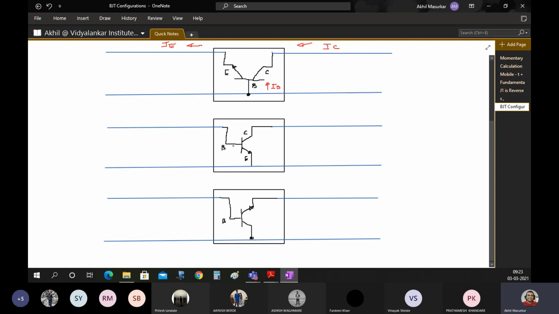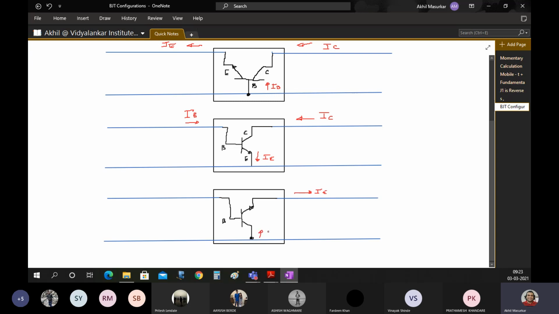Now here, this is my IE. So IC again will be in this direction, and IB would be like this. And here we have IE in this direction.